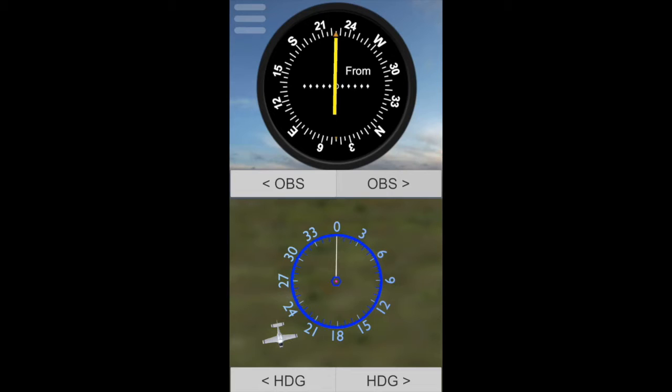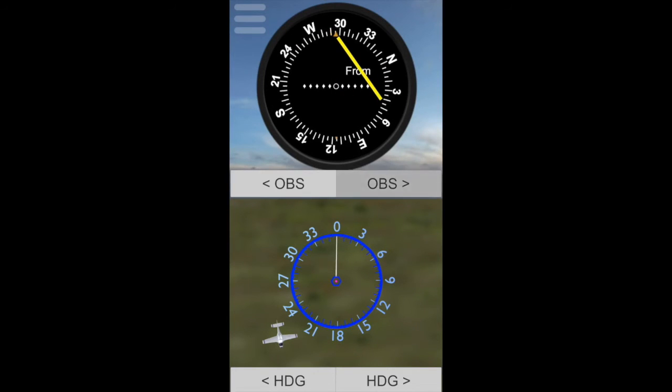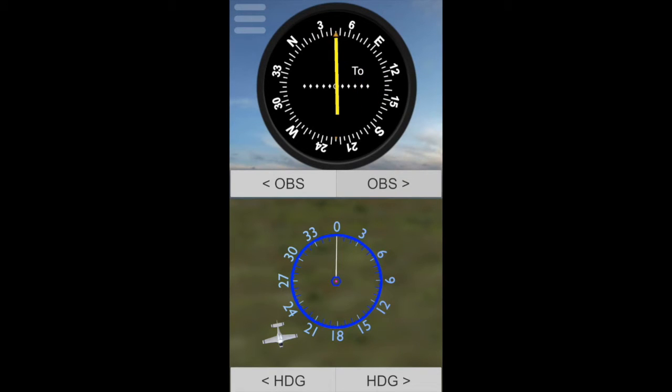So I'm on the 225 radial from the VOR. Want to fly straight away from the VOR, I fly 225. Want to fly straight towards the VOR, it's the reciprocal of 225. It's just by turning this and making it a TO with the needle centered. Here we go. That's 045, and that would take me straight to the VOR station.